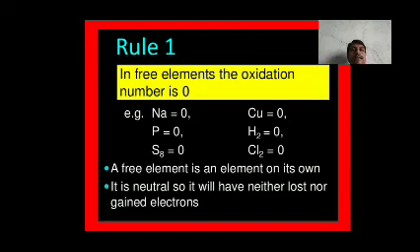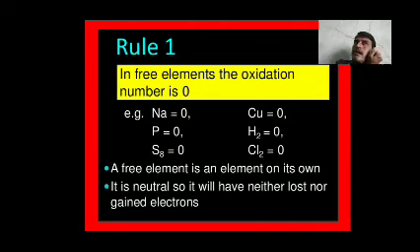How do you calculate the oxidation number in a molecule? In free elements, the oxidation number is 0. When an atom is uncombined, its oxidation number is 0.